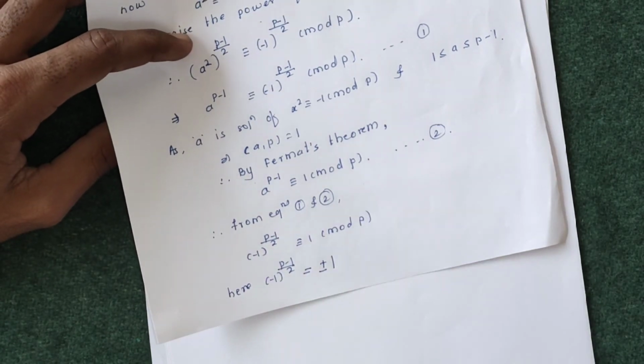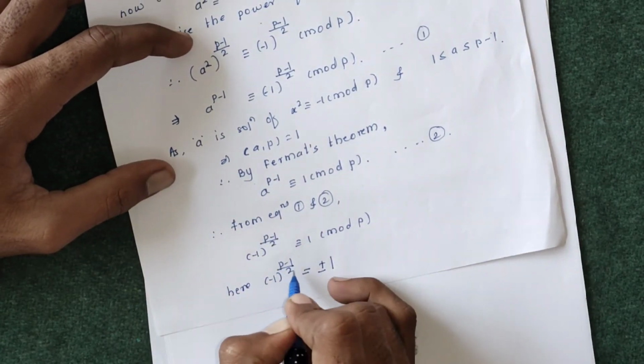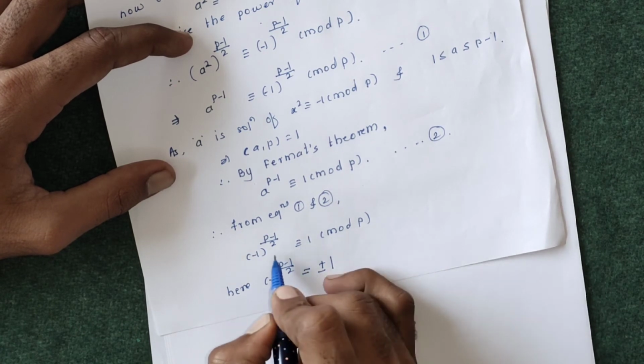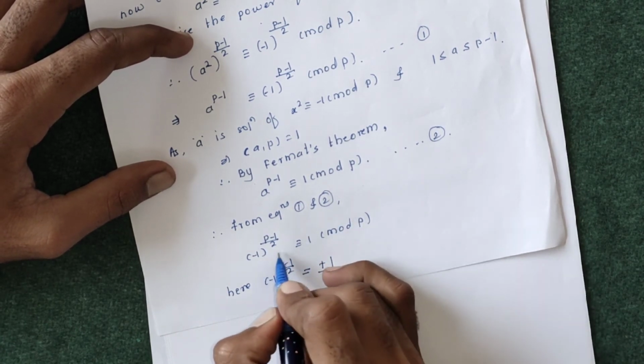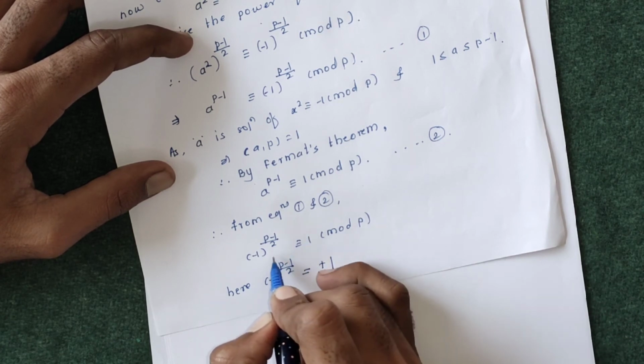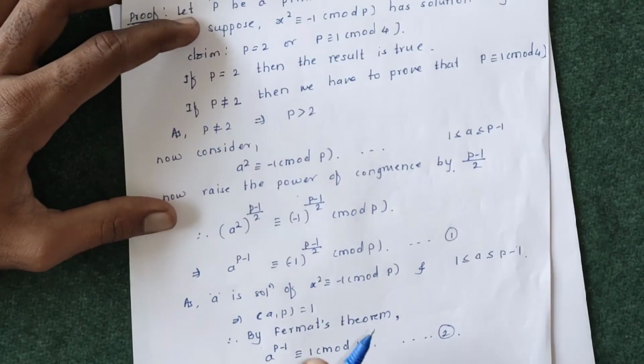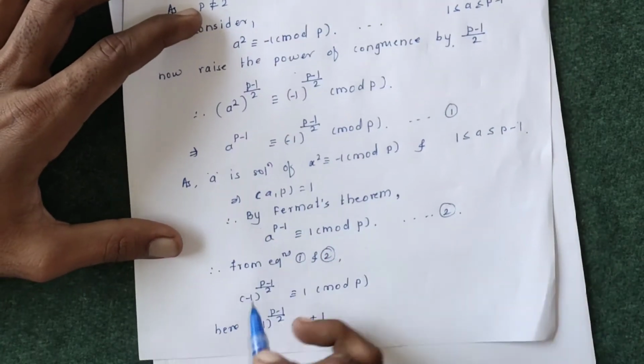If minus 1 raised to P minus 1 by 2 is equal to minus 1, then minus 1 is congruent to 1 mod P is not possible, since the difference becomes minus 2, and any prime greater than 2 doesn't divide minus 2.